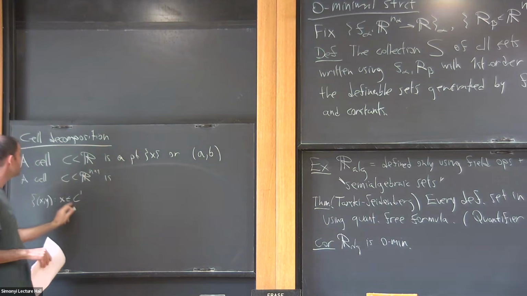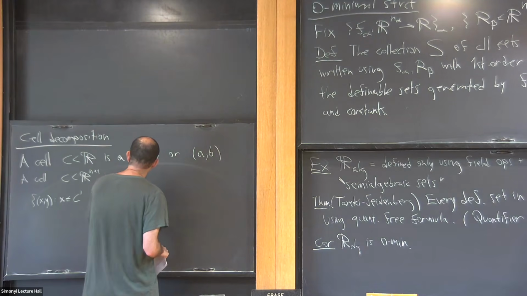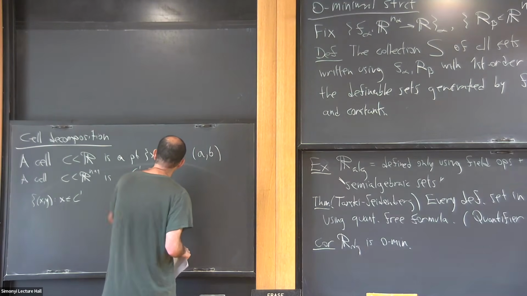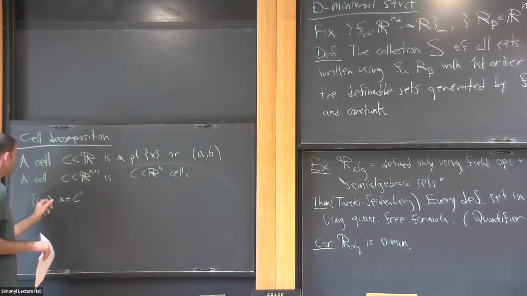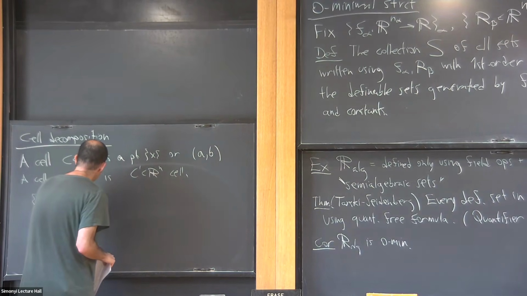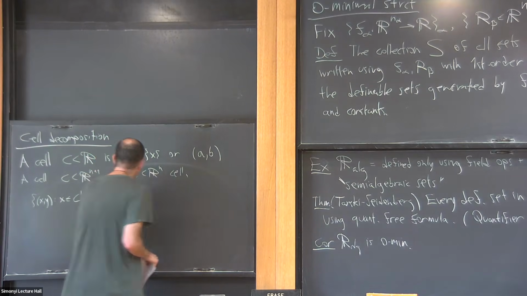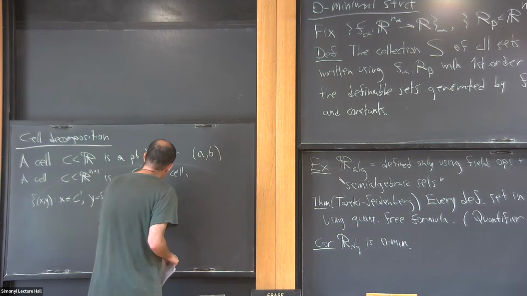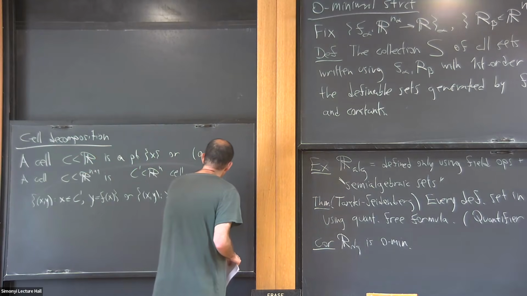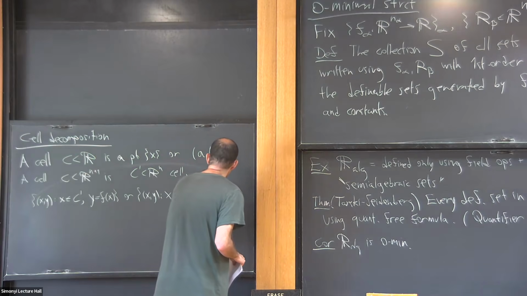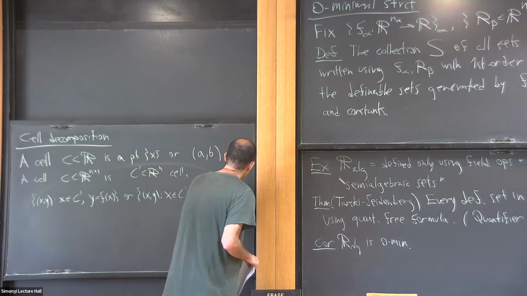So C prime will be a cell in Rn. Let me say C prime in Rn is a cell. And I have a set of this form: y is f of x, or the set of (x, y) such that x is in C prime and y is between two functions, f of x and g of x.